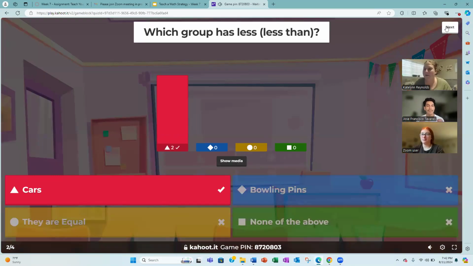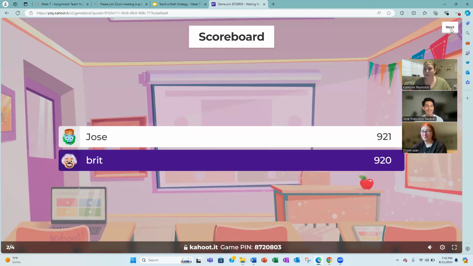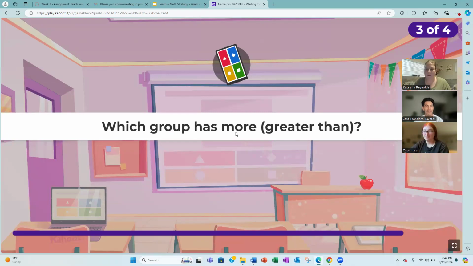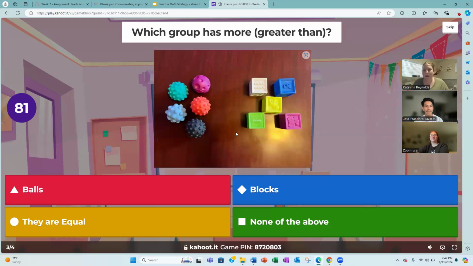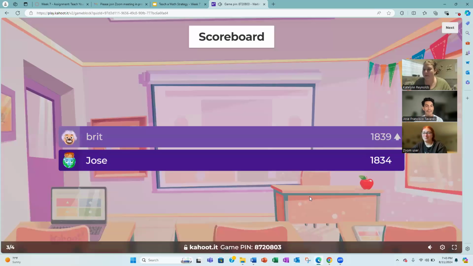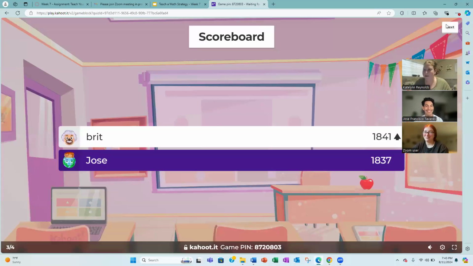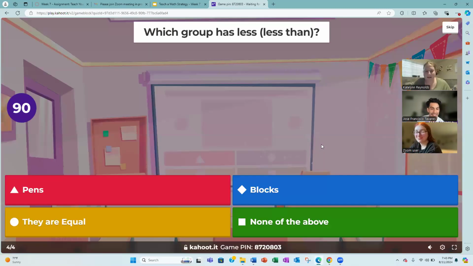Good job. Okay. Which group has more greater than? Let's see if the picture loads. It would be balls, blocks. They are equal or none of the above? Banana. Good job. And then we have one more question. Ooh, Brittany, on the rise. Which group has less than less?